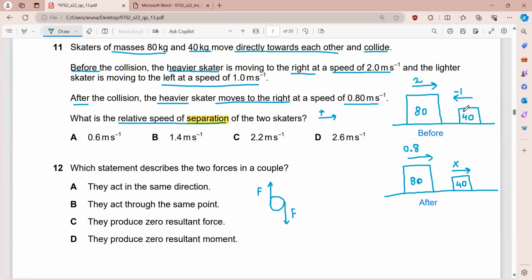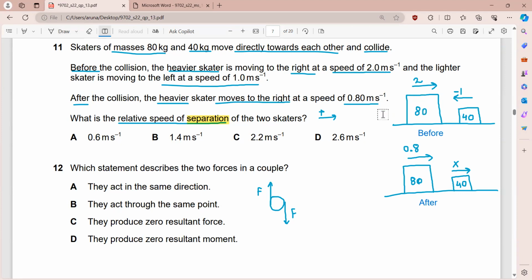The reason I'm using this is because I know the velocities and masses of both objects in the before collision section, and there's only one variable I need to find in the after collision section, right? So we'll find the momentum of this heavier skater, which is mass times velocity, 80 times 2, which is 160.